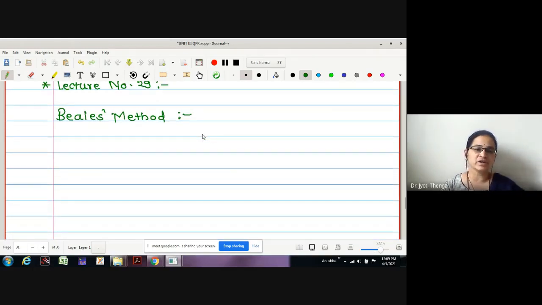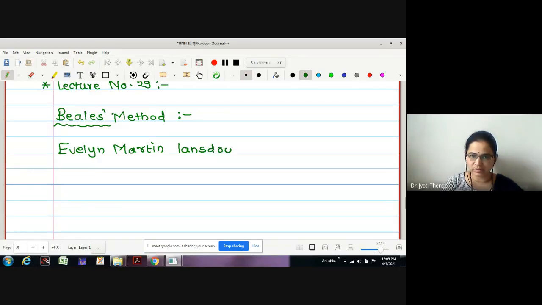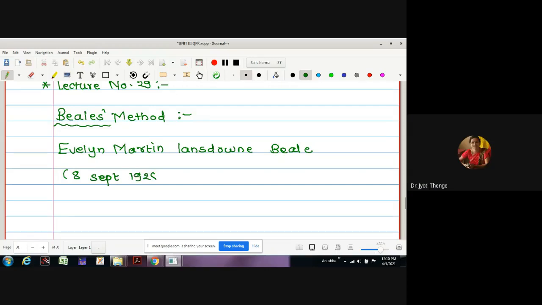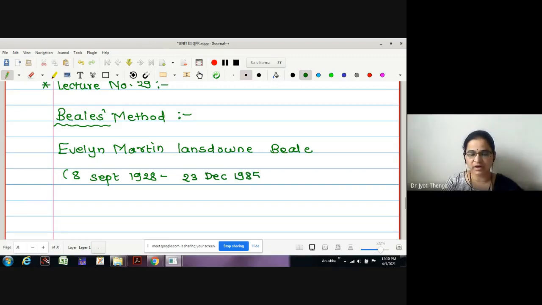Before that, let us have an introduction of the mathematician Beal. The full name of this mathematician is Evelyn Martin Lansdowne Beale. His life span is 8 September 1928 to 23 December 1985, and he was a mathematician from the United Kingdom.